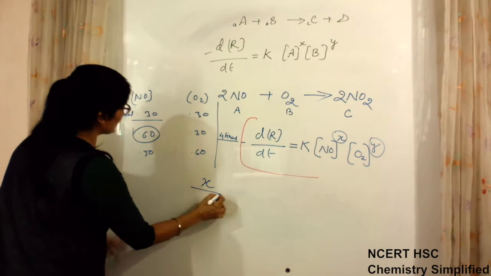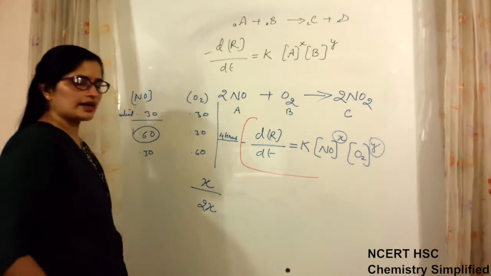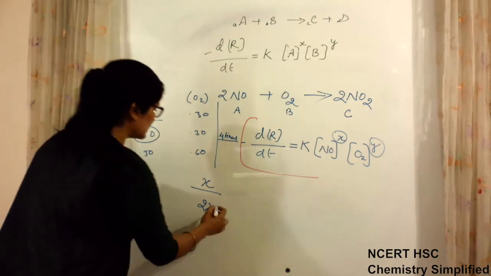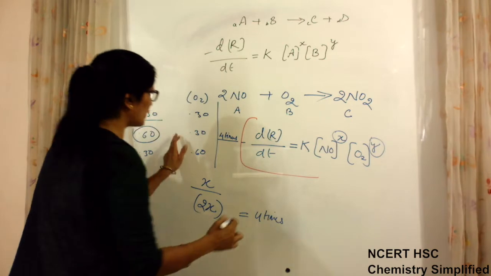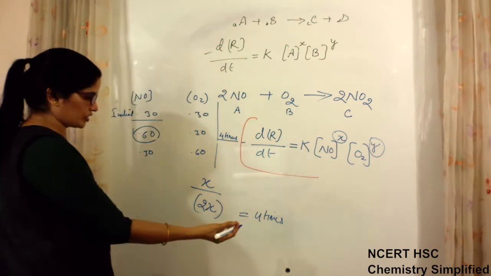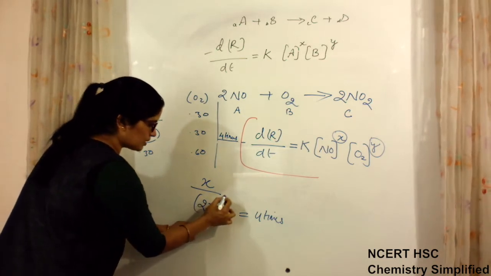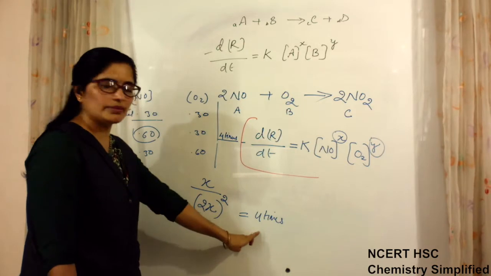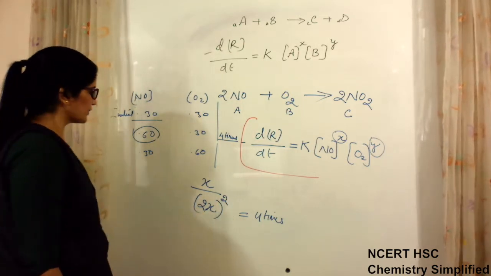So suppose initially NO was X, when it becomes 2X, the rate of reaction becomes 4 times. This is by experimental data. When it becomes 4 times, that means, when it is doubled, that is 2x, then 2x raised to power 2 will become 4 times. 2 2s are 4. Okay.